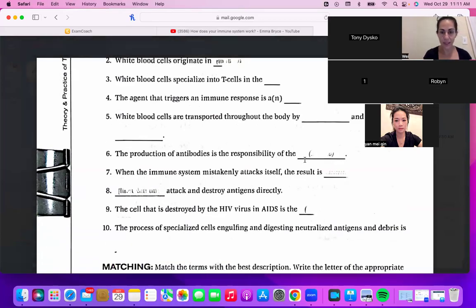The production of antibodies is the responsibility of, it's like the factory we talked about, right? We talked about two types of cells. One is responsible for production, one is the helper.